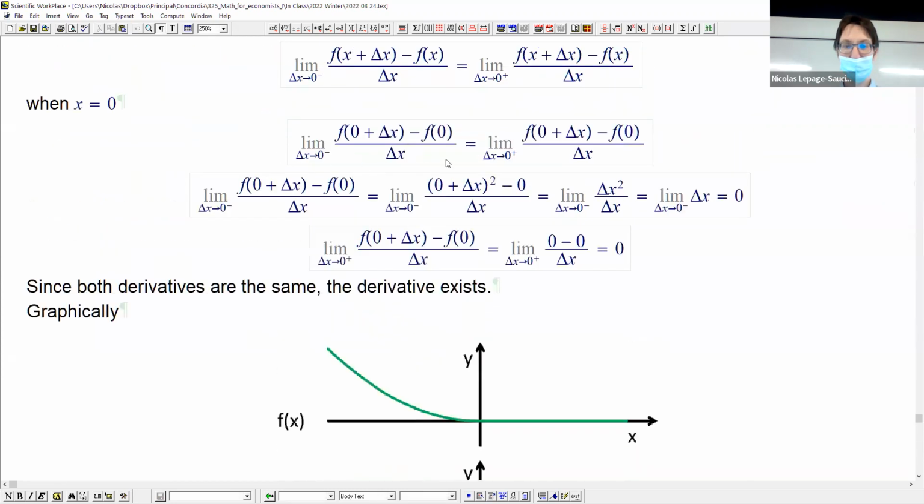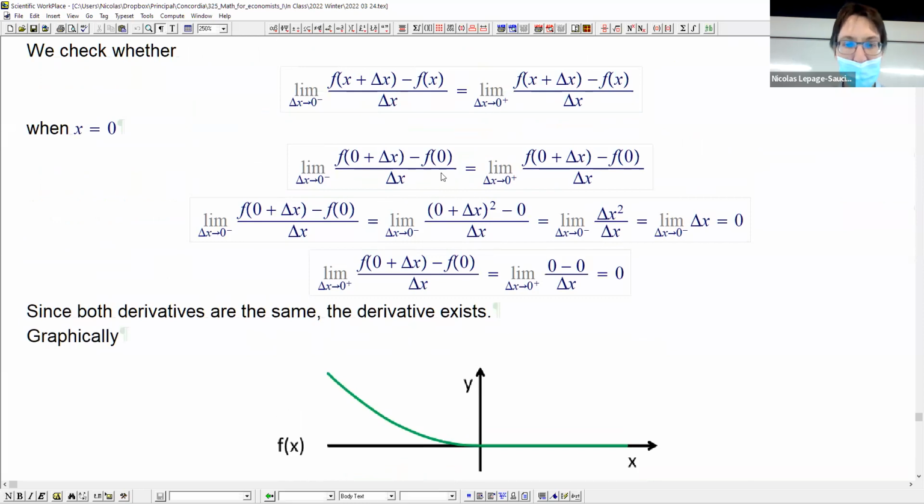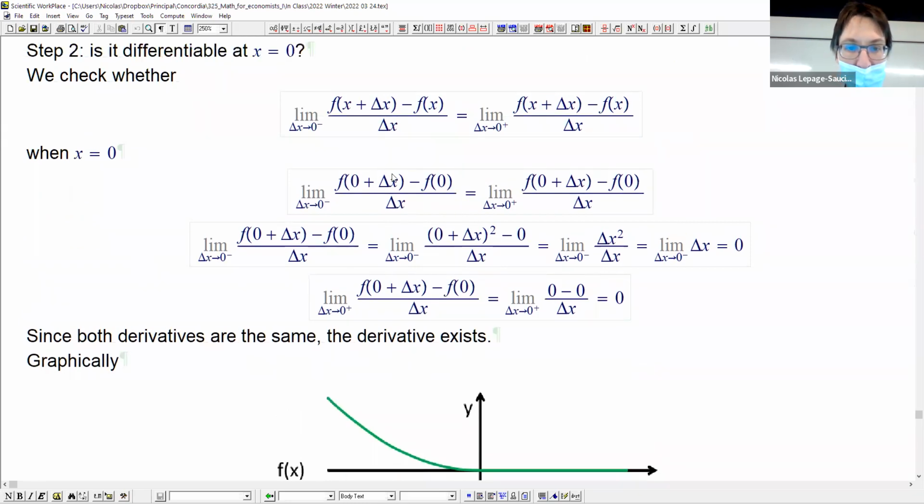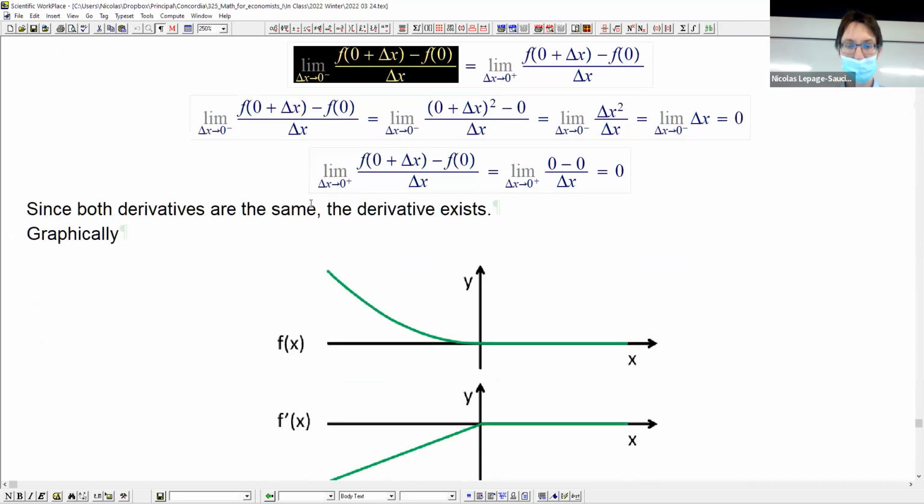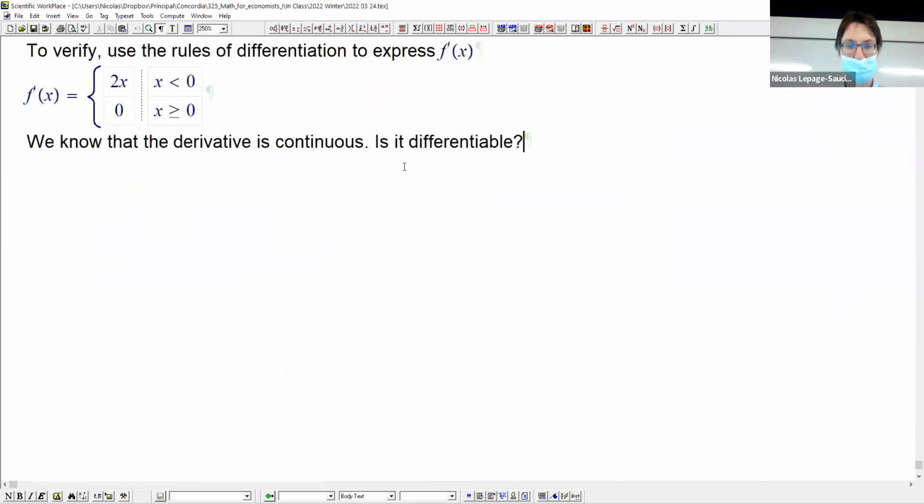So let's look at this side there. Of course, always what I care about is the limit of f prime of x minus f prime of 0, over delta x.